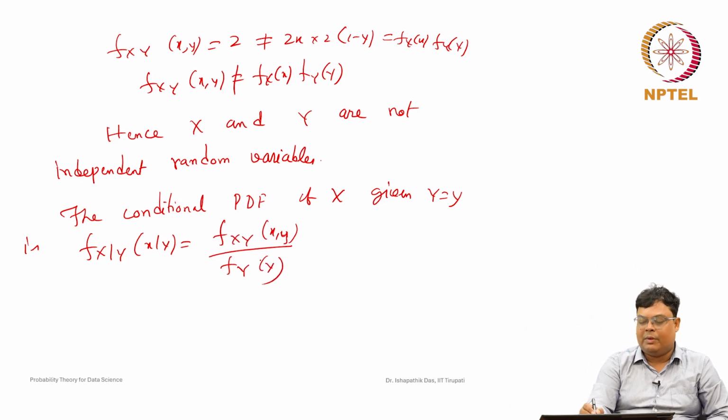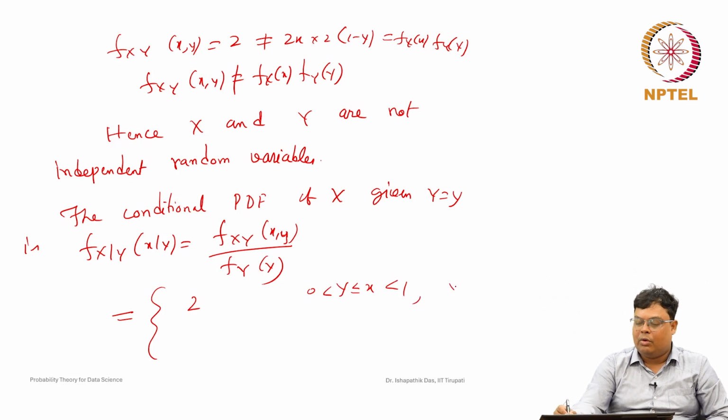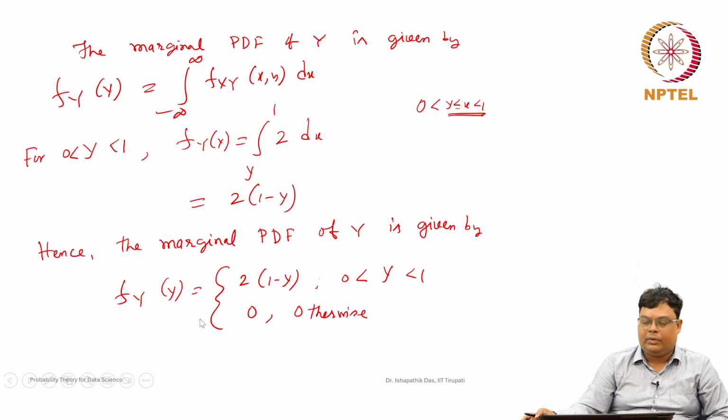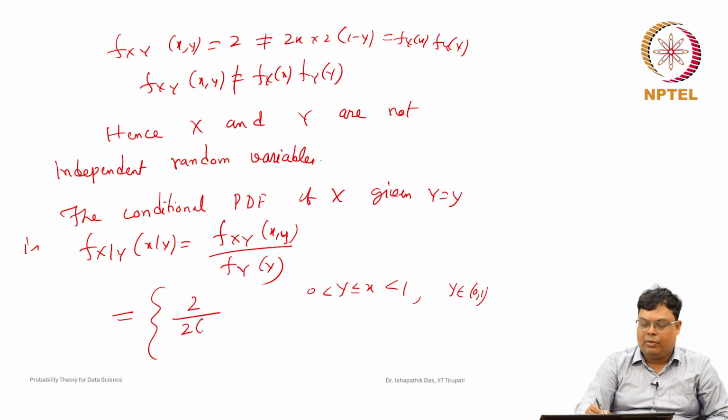Note that this will not be non-zero for the whole region. f(x,y) will be 2 whenever y ≤ x, 0 < x < 1, and f_Y(y) will be non-zero whenever y belongs to (0,1). For particular values of y between 0 and 1, f_Y(y) is given as 2 into (1 minus y). So the 2 cancels, giving 1/(1 minus y), and this is equal to 0 otherwise.